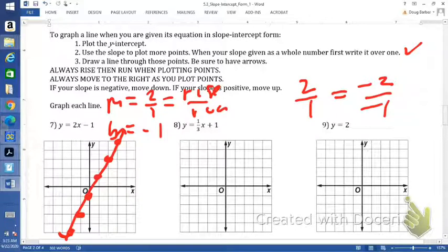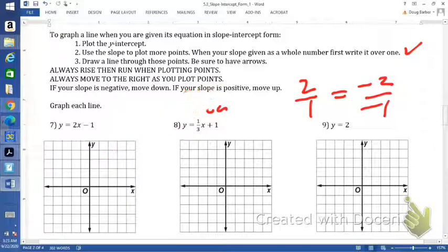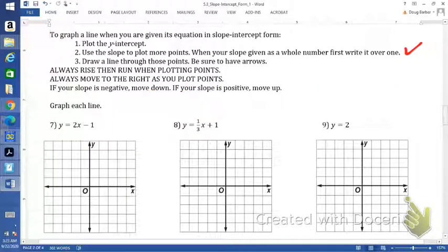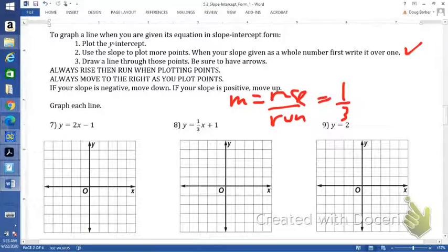Alright, we'll do one more. Well, we'll do 2 more. Alright, we have y equals 1/3 x plus 1. So our slope equals rise over run, and that's 1/3.